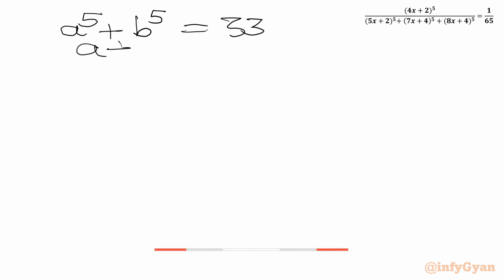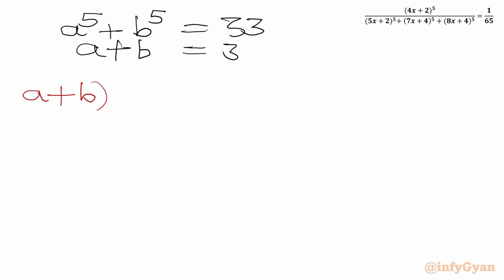Let me write here A power 5 plus B power 5 is 33 and A plus B is 3. Now I will use binomial expansion. I will expand A plus B whole power 5.